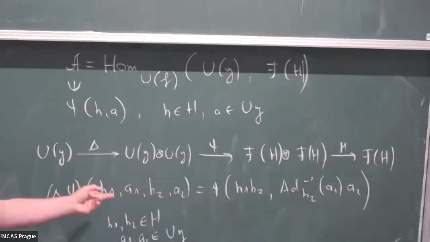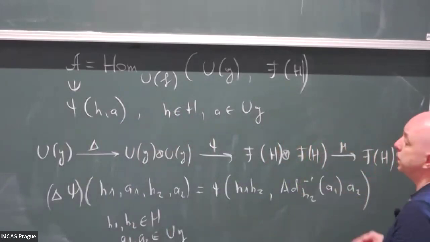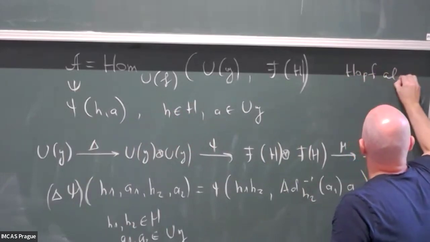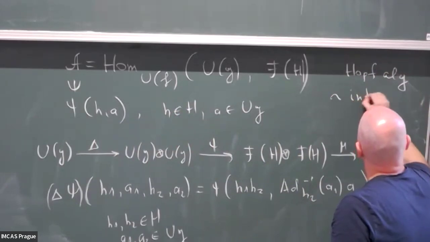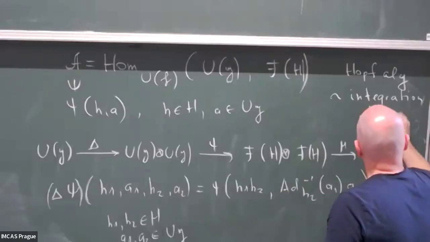We should also exchange them, take here the antipode, the inverse, and try to get back. So all these formulas are intuitively very clear. And if you combine all the properties, we obtain a Hopf algebra, which gives a certain type of integration of G.